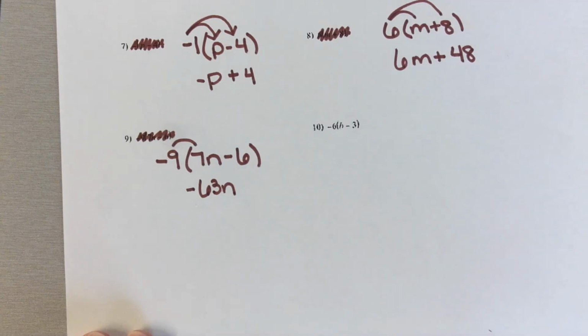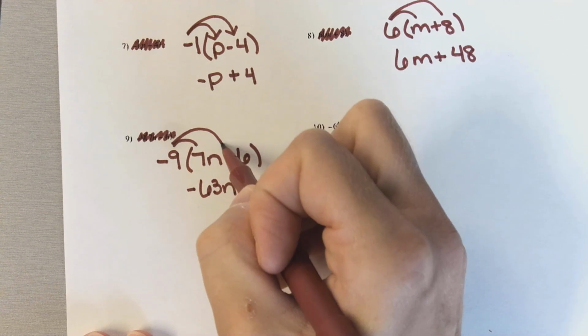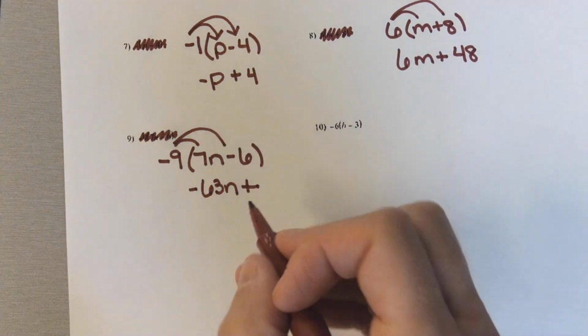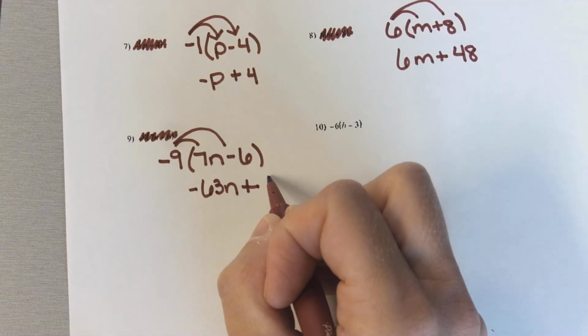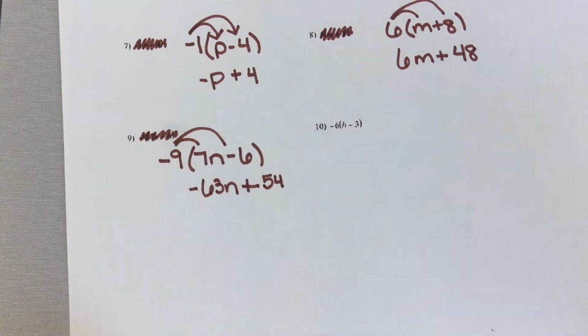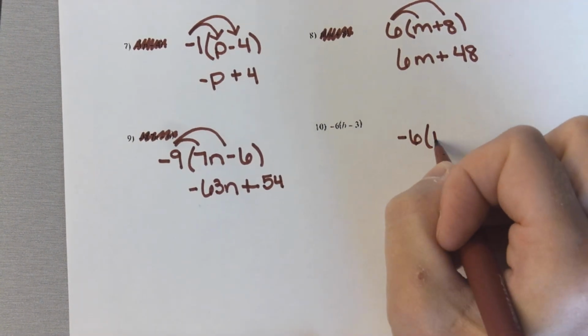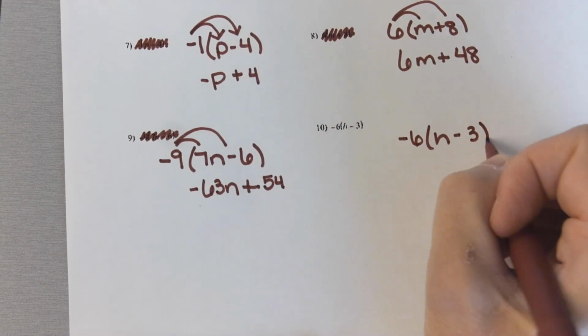Yep, n. A negative times a negative is a positive, and then 9 times 6 is 54. Good. Last one. Negative 6, and I'm gonna go with h minus 3.